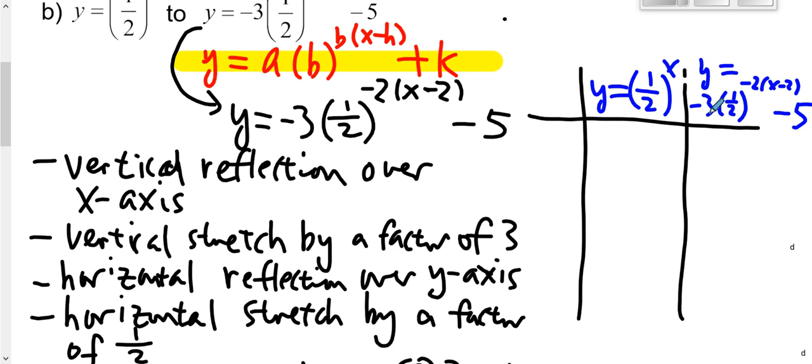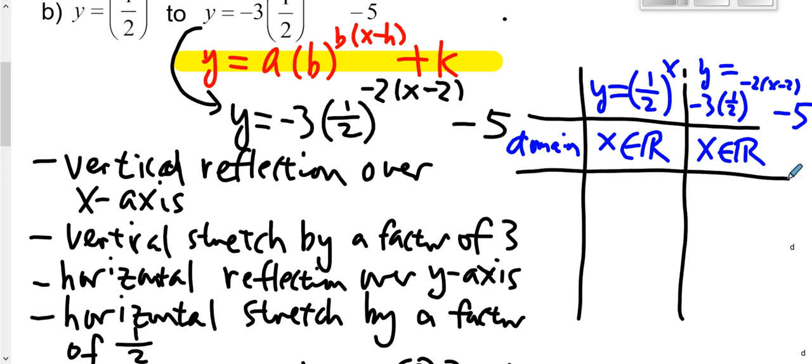So next thing we want to talk about is the domain. Let me change the color. Domain. If you look at your graph, you'll find that the domain is all real numbers. It goes all the way from -infinity to +infinity across. Okay, and then next thing is the range. If you look at your graph, this one is in the standard form. What do I mean by the standard form? y equals a times b to the x.